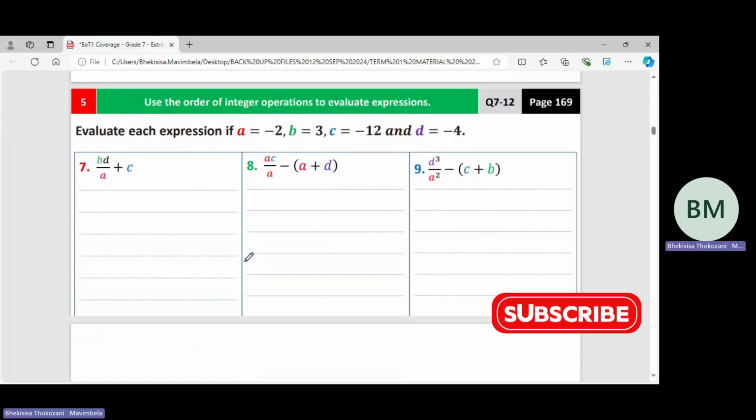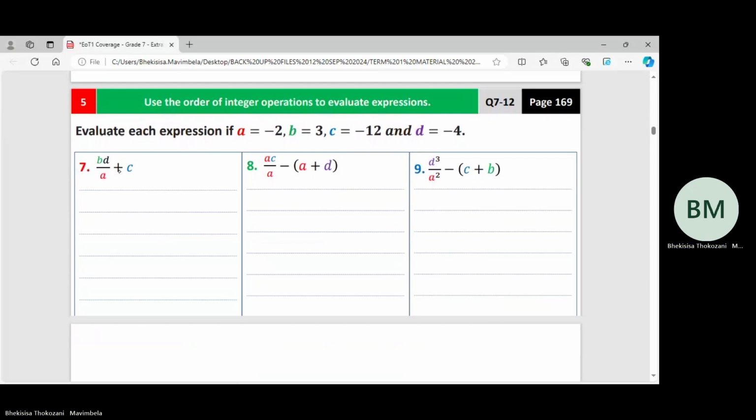If A is equal to minus 2, B is equal to 3, and C is equal to minus 12, and D is equal to minus 4. And they've given you this equation here. So now let's start.